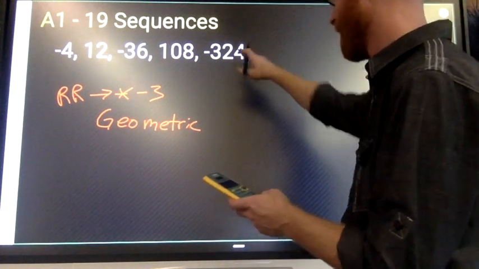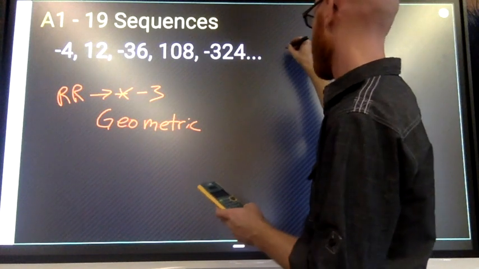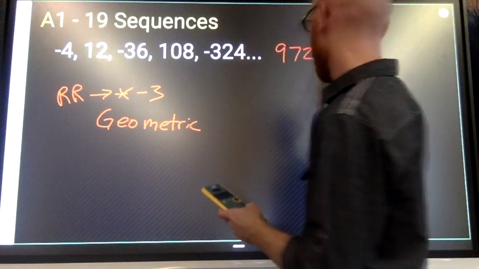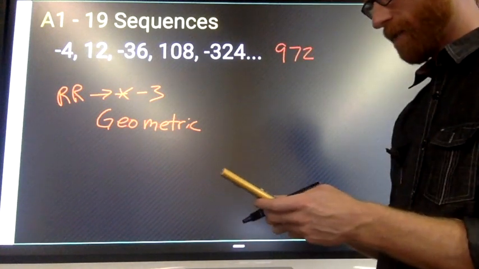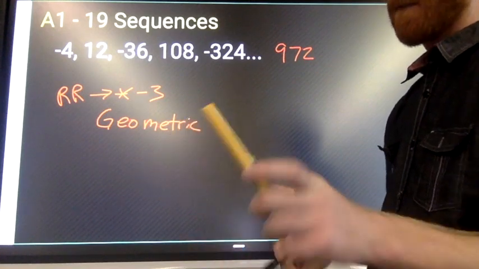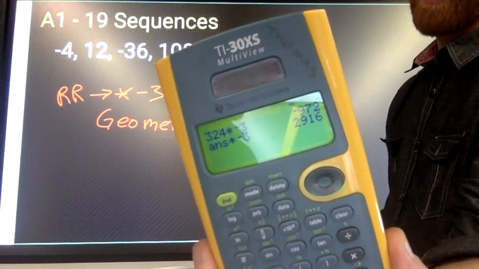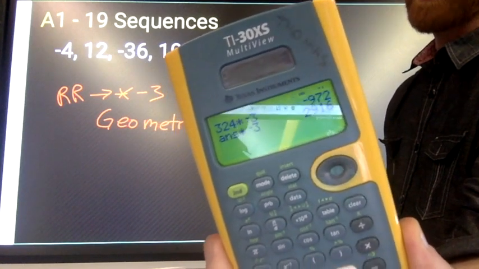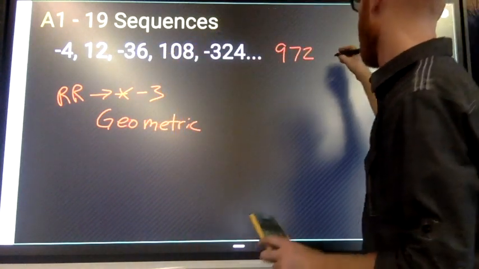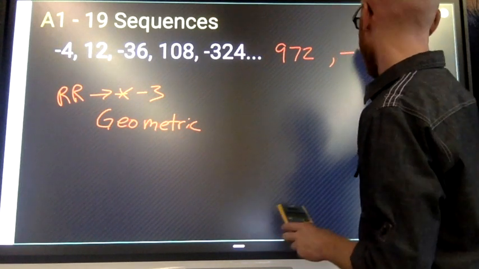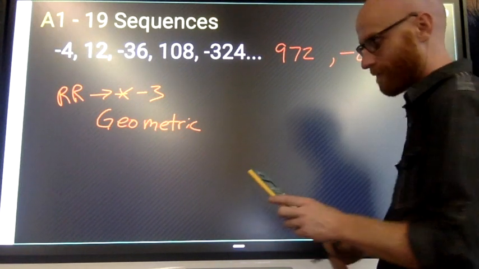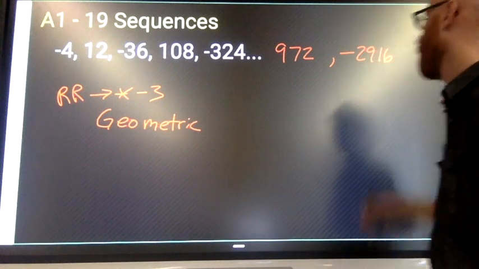Ooh, my fault. -324 times -3 is positive 972. And then times another -3 is that number. All right, but I reversed my signs, because I put 324 as a positive. So, right.